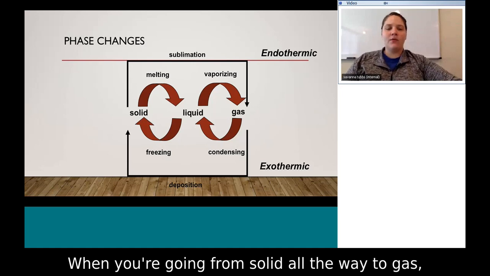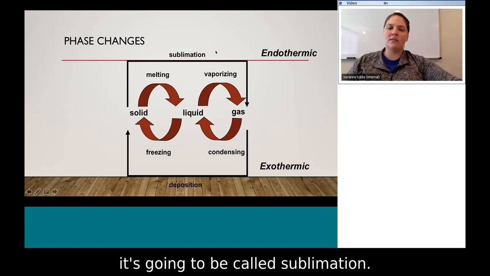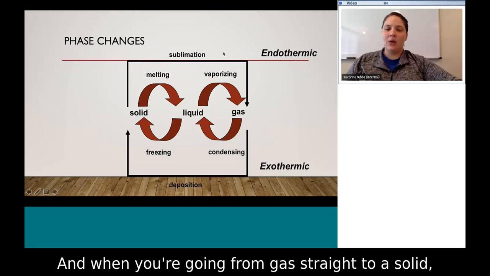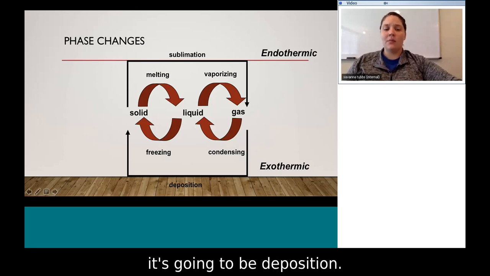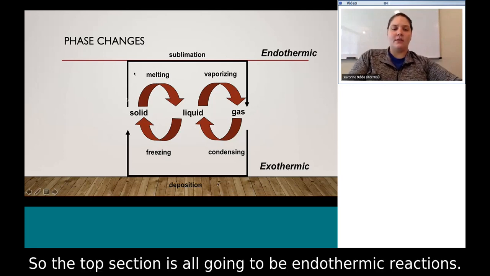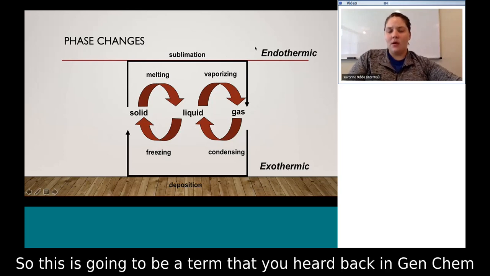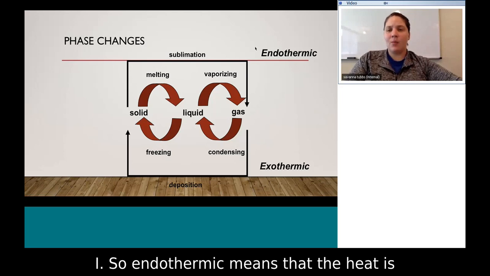When you're going from solid all the way to gas, it's going to be called sublimation. And when you're going from gas straight to a solid, it's going to be deposition. So the top section is all going to be endothermic processes. This is a term that you heard back in Gen Chem 1.